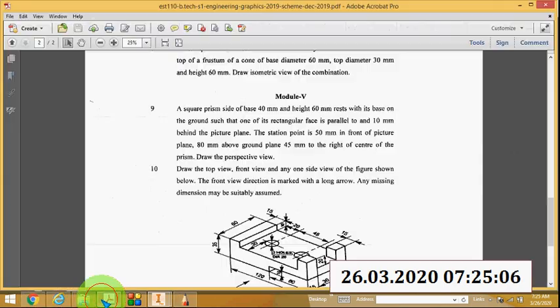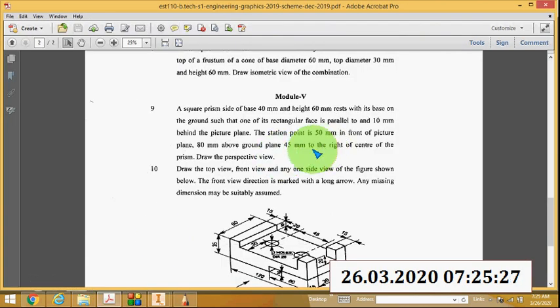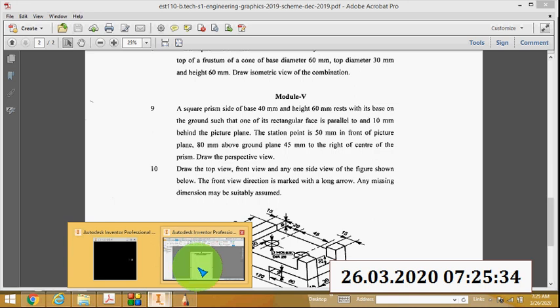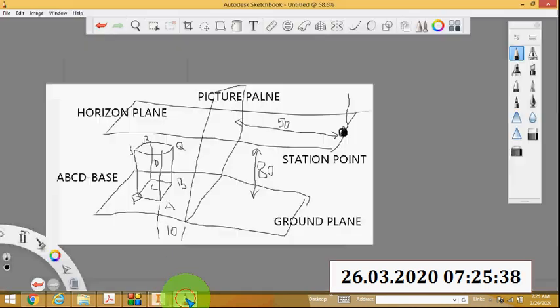It is 50 mm in front of the picture plane and 80 mm above the ground plane. From the ground plane to the station point, this distance is 80 mm. And it is 45 mm to the right of the center of the prism, that is the central plane. Then I will draw the top view and front view of this.